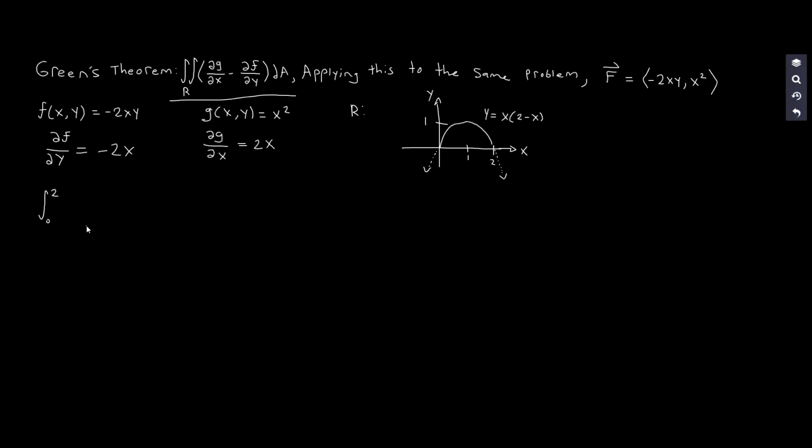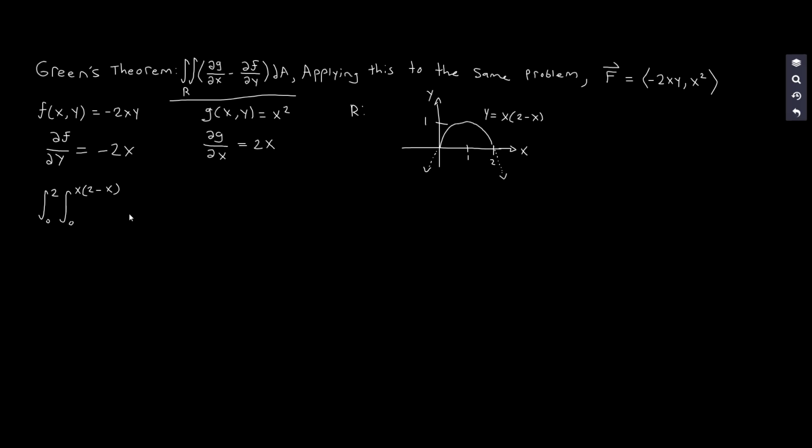That's our x-axis. The second integral is our y-axis, so it's going from 0, because we start at the origin, up to this curve. And this curve changes, so it's x times 2 minus x.